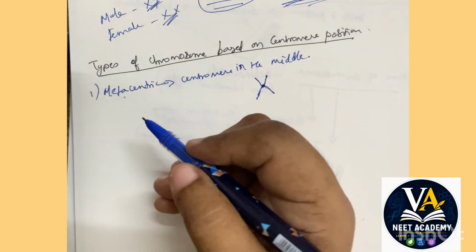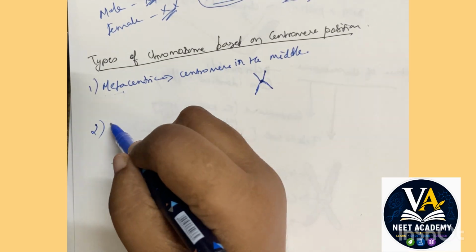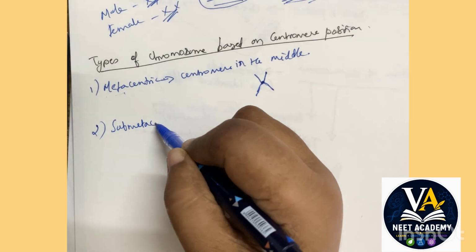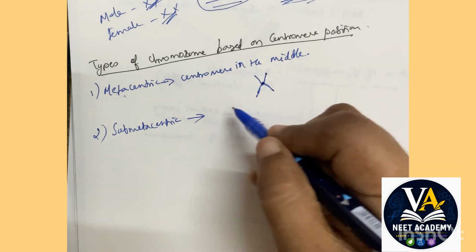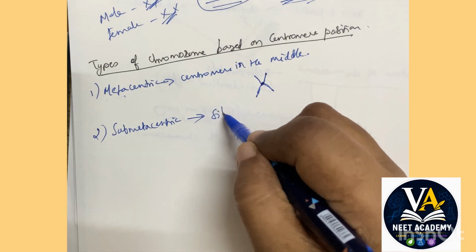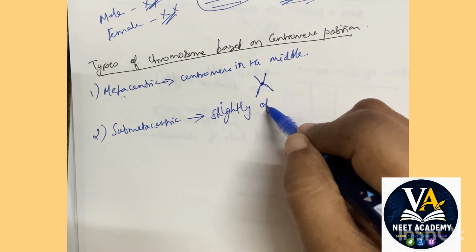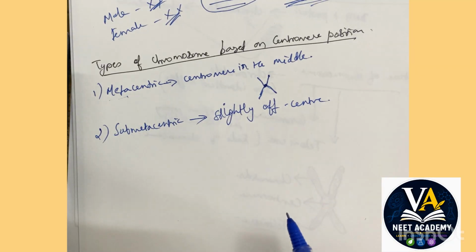Okay, so the second type is submetacentric. So the name itself tells you what type of chromosome this is. Submetacentric is slightly off center. Okay, so what is slightly off center? The centromere.